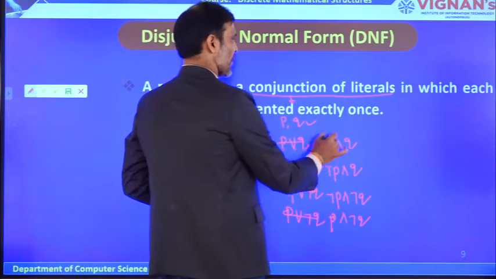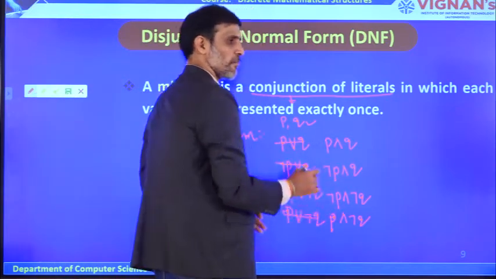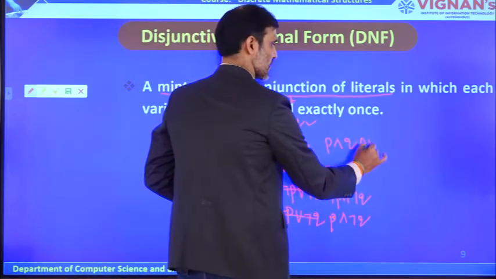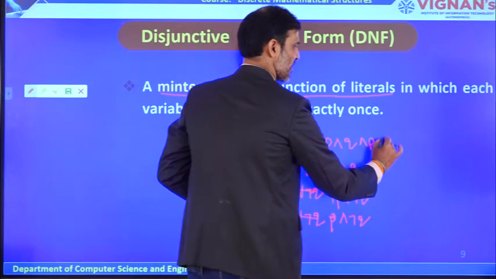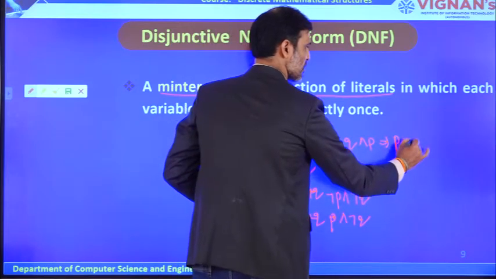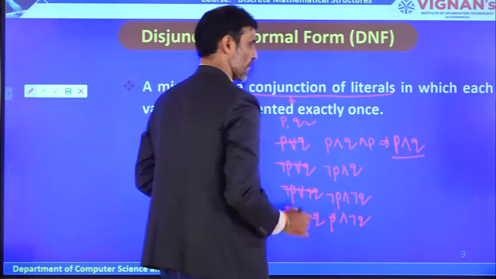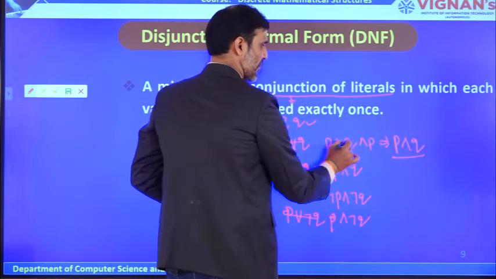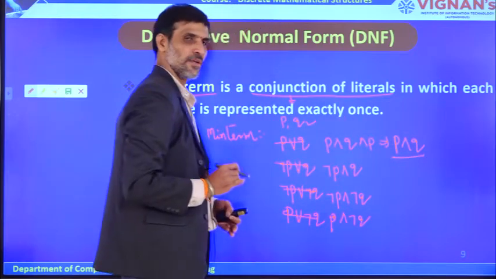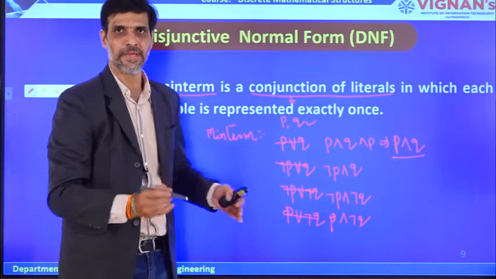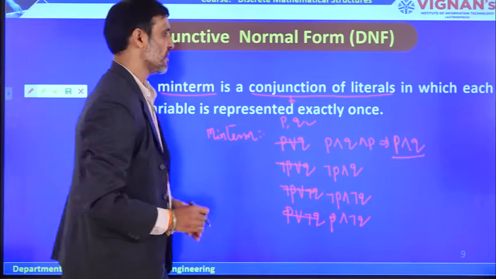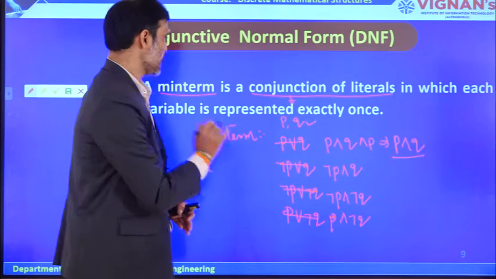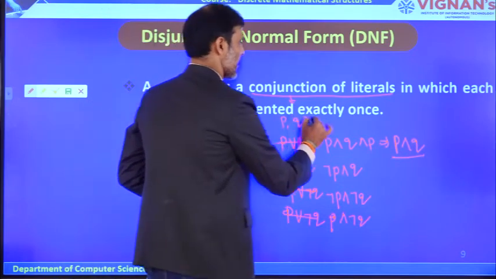Suppose if you have P and Q and P, it can be written as P and P is equal to only P. So we can take it as only P and Q. Even though P appears 2 times, P and P is equal to P only. Therefore, finally we can write P and Q only. In which each variable is represented exactly once.